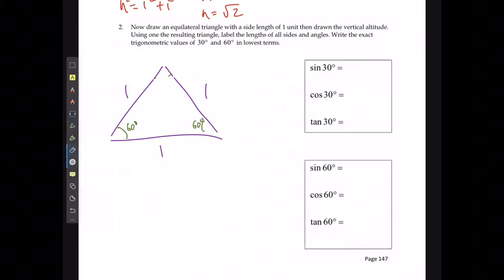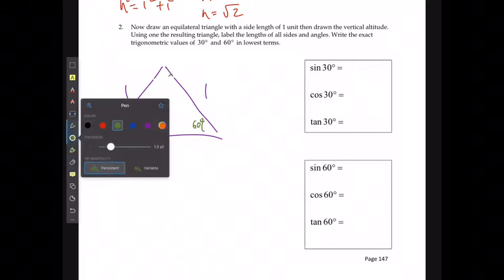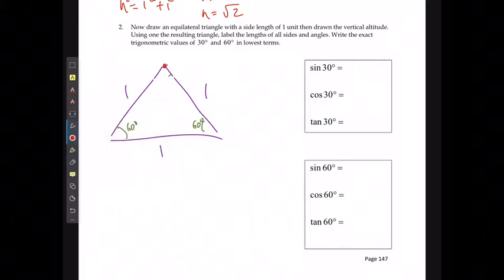What I'm going to do is create an altitude by splitting straight down from the top point to create these two identical right angle triangles where I have one angle that's 90, one angle that is 60, and then obviously the last angle would be 30 degrees.